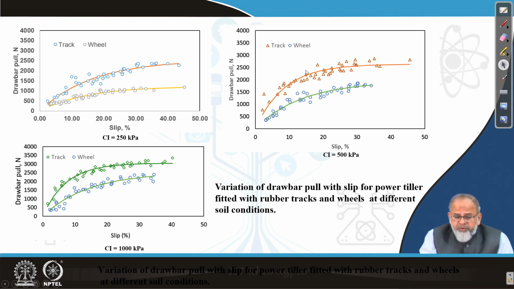And same trend is followed in different soil conditions. However, if you look at the two graphs, there is a difference in the pull which is developed. The track is developing much more pull as compared to your wheel. And this difference is decreased with increase in soil strength.